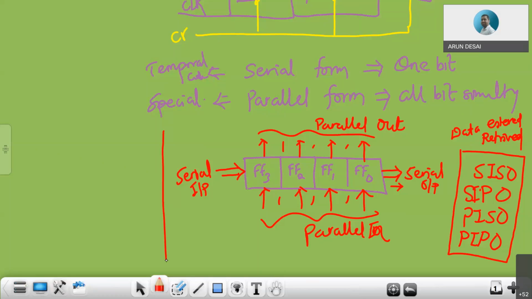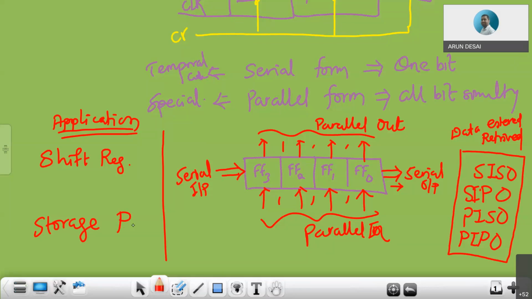There are two types of registers available: one is the shift register and one is the storage register. So this type of classification is based on application, and the other classification is based on how you enter and retrieve your data.